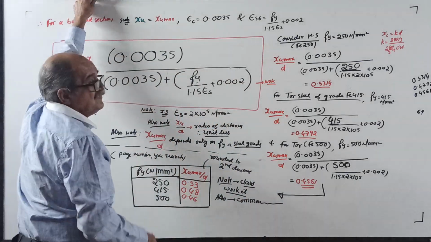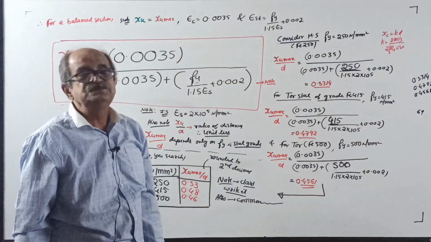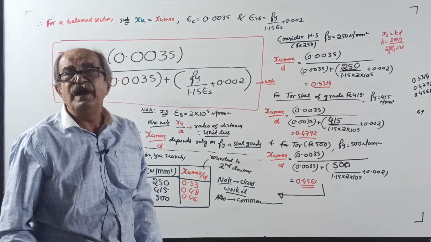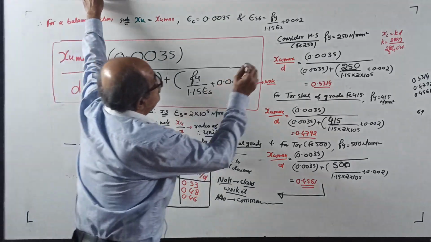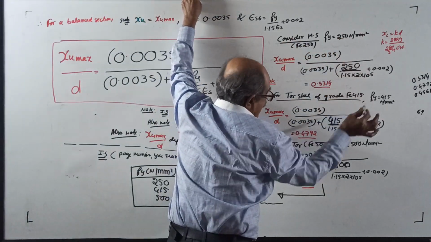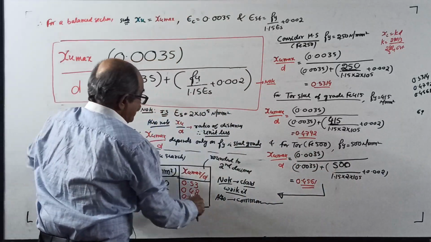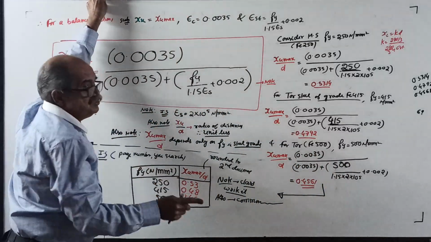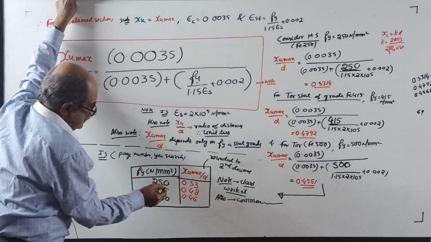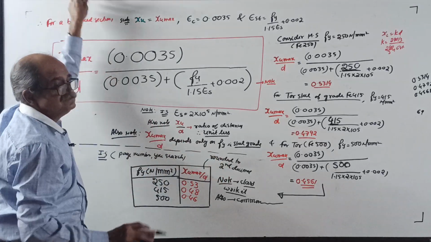What happened is, the IS code decided, why unnecessarily remember all the equations. So what they have done is, only for these three steels, 250, 415 and 500, they have given a table. Page number, you search. So they told Fy 250, how much? They rounded to the second decimal.